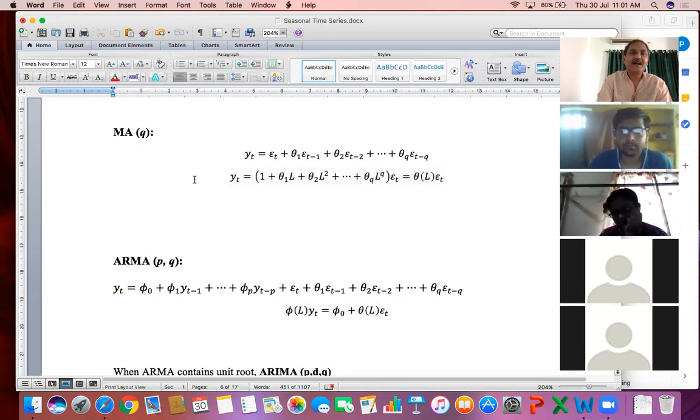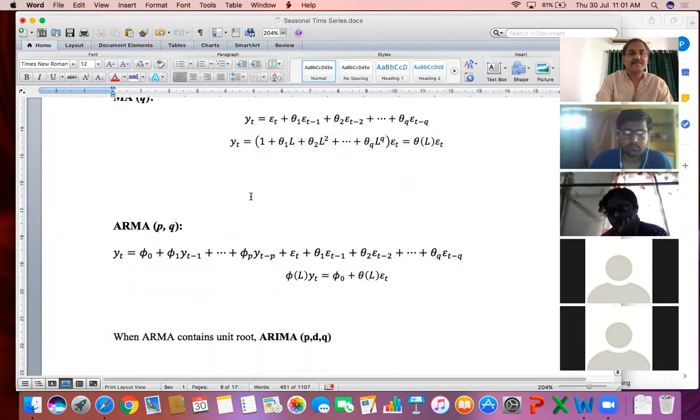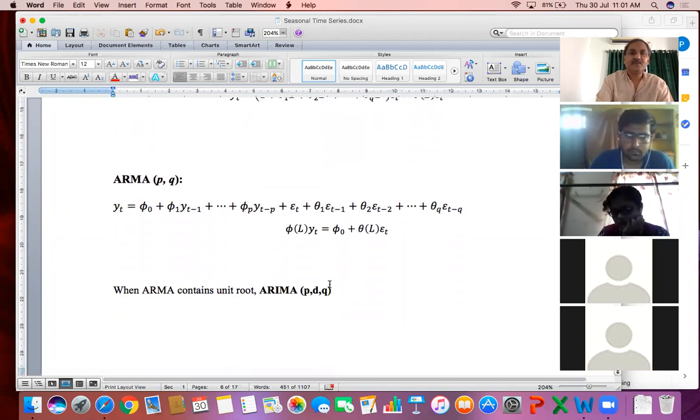If a series y follows a moving average, then the series will always be stationary. So a moving average series will not be non-stationary at all. Non-stationarity appears only in the autoregressive part. For that reason, we need to concentrate more on the autoregressive part to find out whether the series contains a unit root or exhibits a stochastic trend.